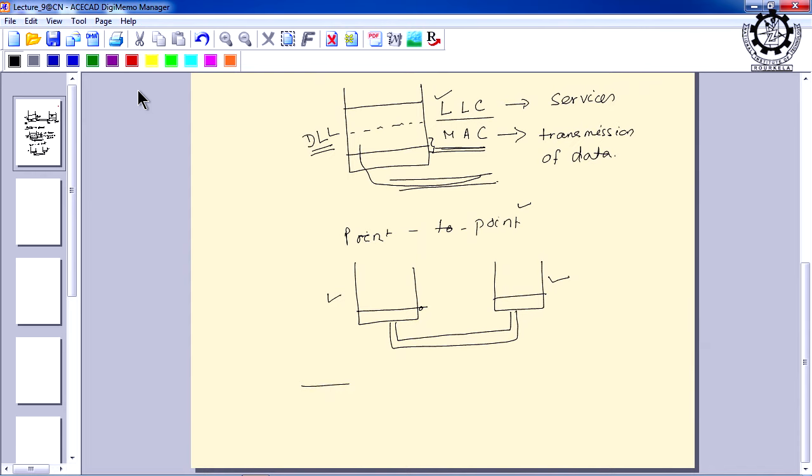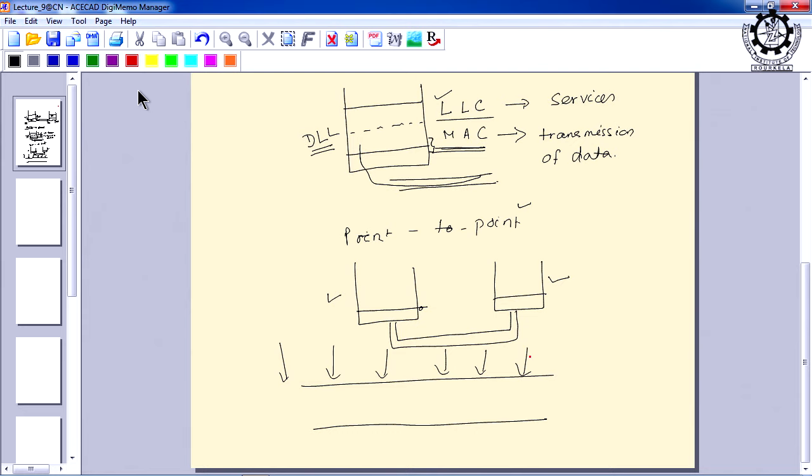Now, think of a situation when you have multiple transmissions, how the multiple transmission takes place. When multiple nodes are connected, you have a channel and multiple stations are connected to the channel. At that time, who gets the channel first or who gets the channel to complete its transmission within a certain time is a major challenge.